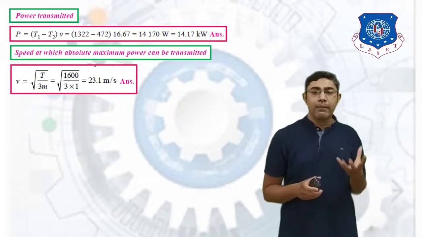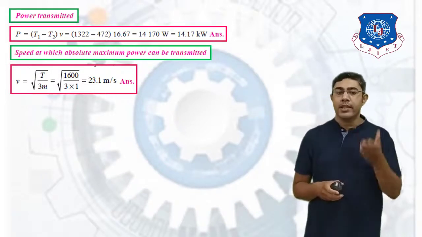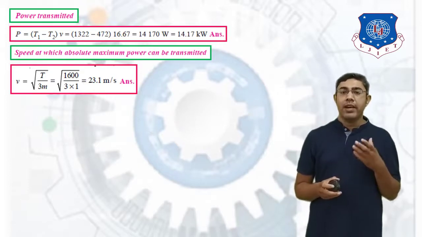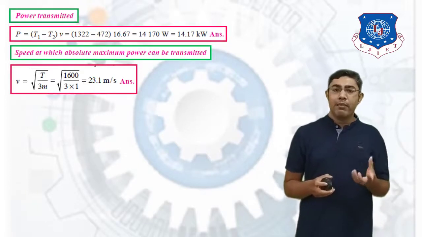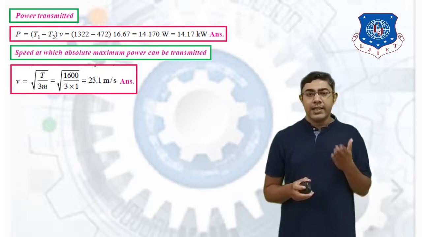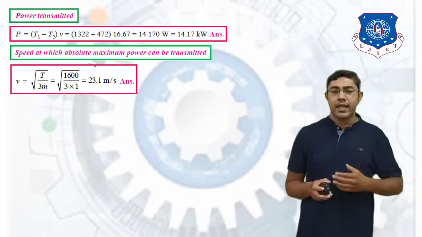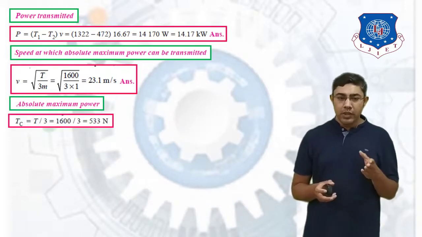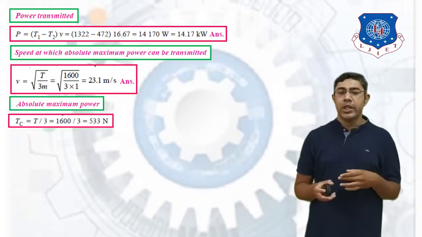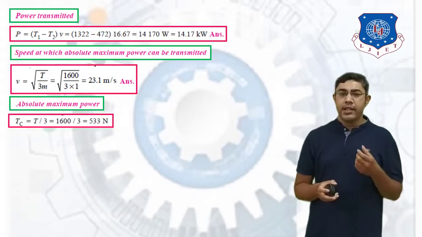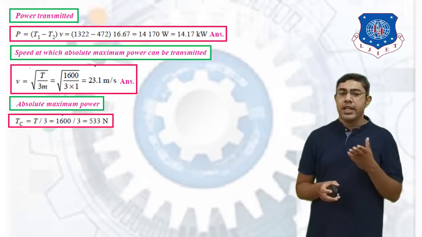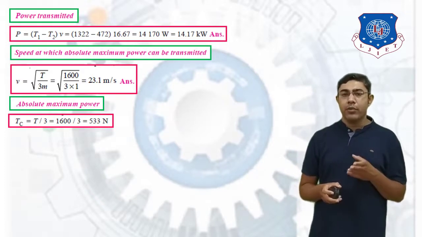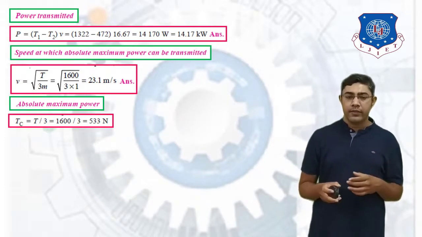To calculate the absolute maximum power, we have to consider this velocity, and also modify the tension in slack side and tension in tight side according to the maximum power transmission conditions. For that Tc is equal to T divided by 3. This is the condition for maximum power, and T here is 1600. So we get Tc is equal to 533 newtons.